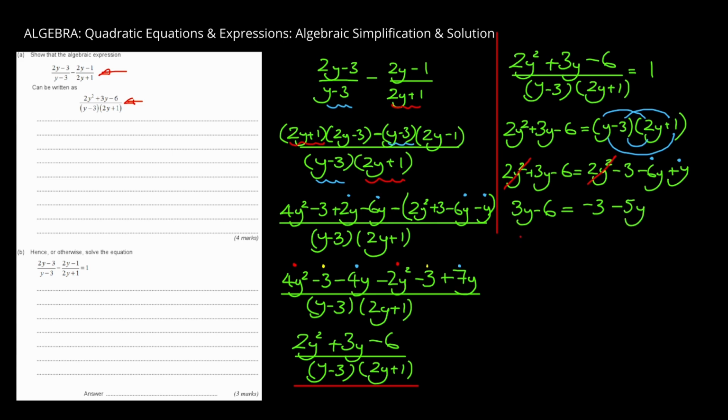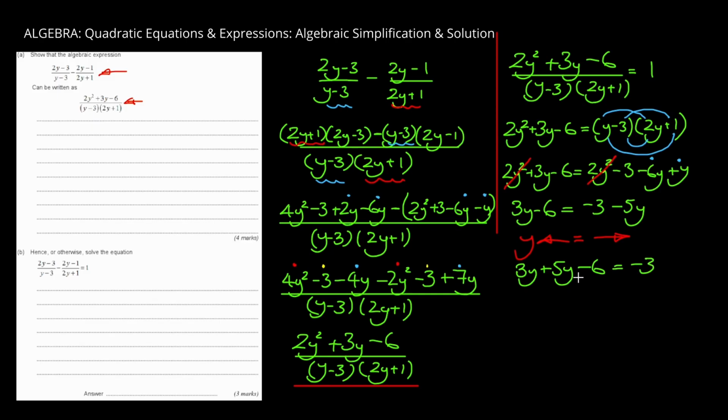Now I want the y's onto the left of the equal sign, and the numbers onto the right. So the 5y, we're going to add 5y to both sides. So I get 3y plus 5y, it having moved, minus 6 is equal to negative 3.